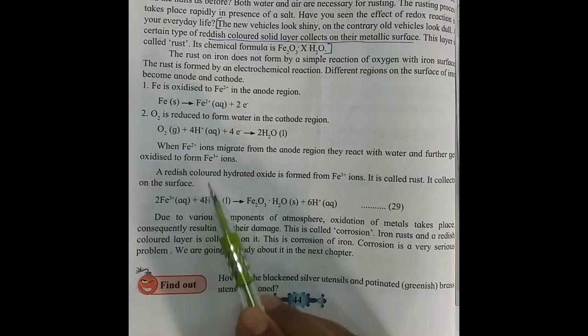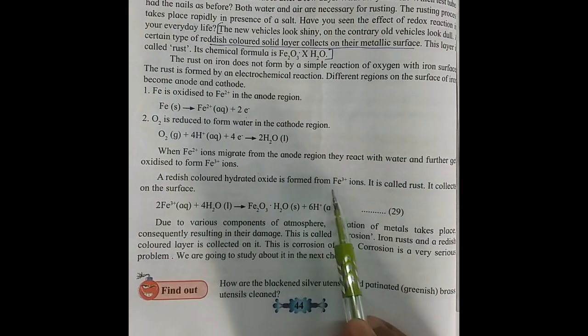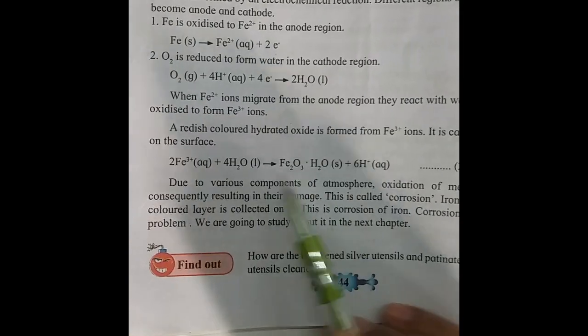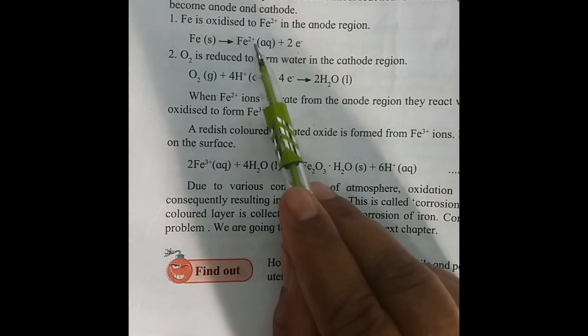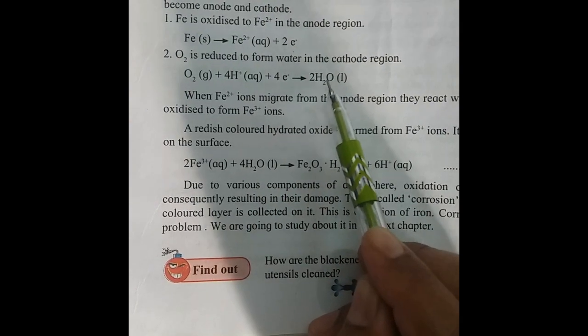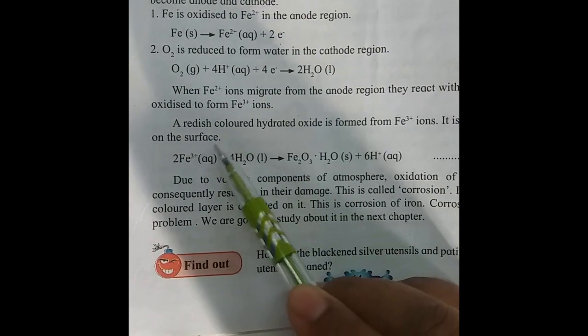See here, Fe2+ which is generated on the anode will react with water on the cathode, and due to this reaction it will get oxidized to Fe3+.